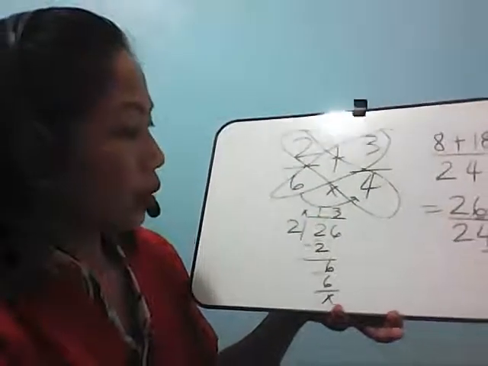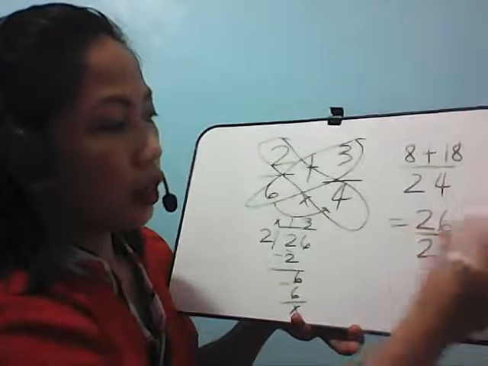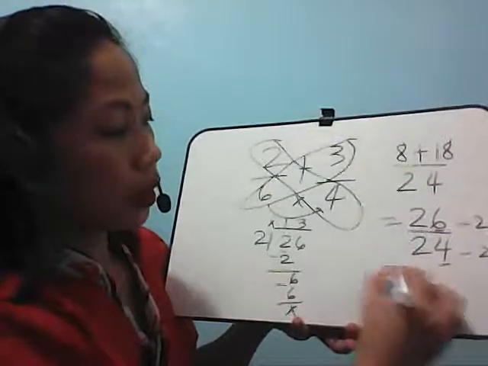So our answer is 13. 26 divided by 2 is 13.